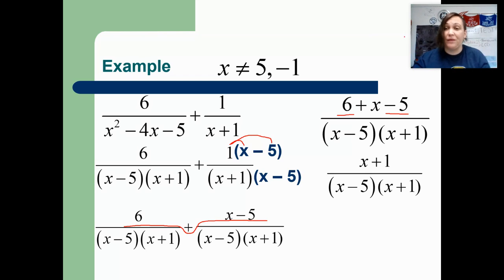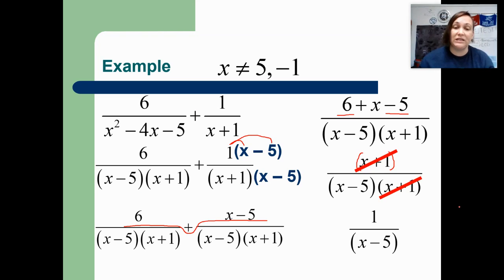It doesn't factor, but I can throw parentheses around the entire adding problem. And since the entire adding problem is exactly the same as this parentheses, I am going to be able to cancel those at this point. The correct answer for this problem is 1 over x minus 5.